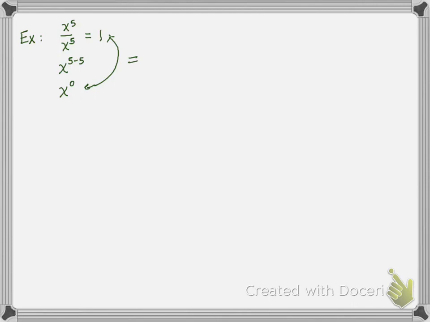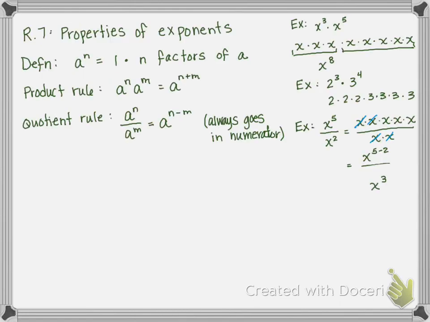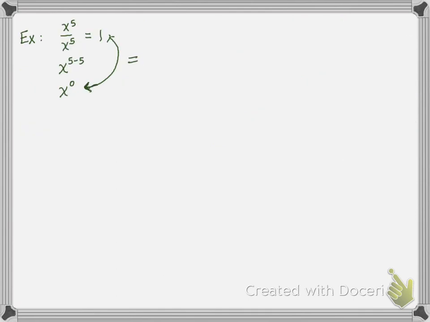And there's a few ways to think about that. One is just as justification of our quotient rule. Another is if we think about that definition that a to the n is 1 times n factors of a, then if I have x to the 2nd, that's 1 times 2 factors of x.